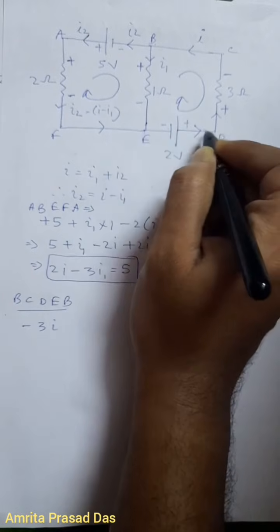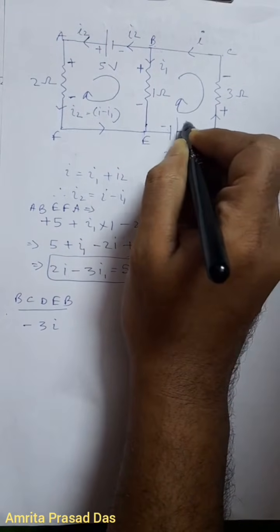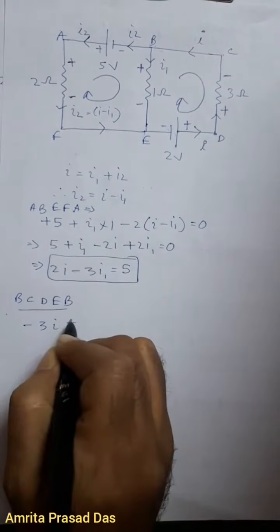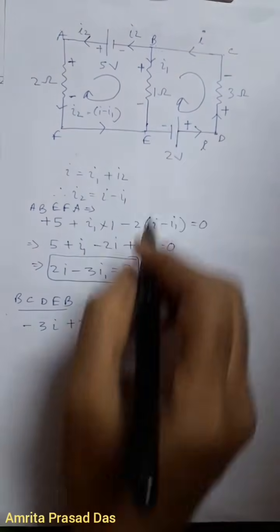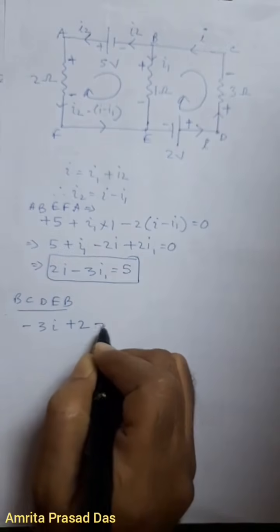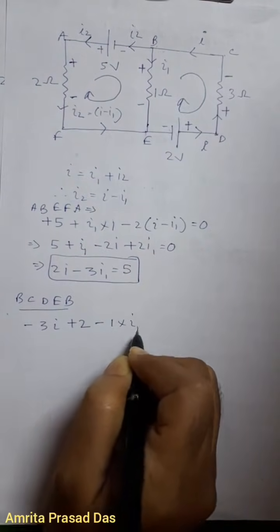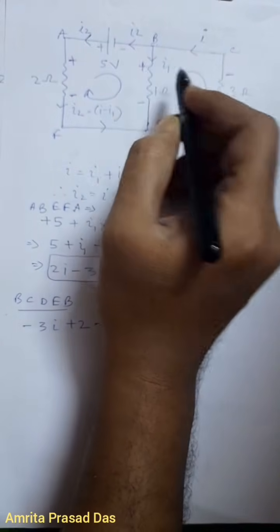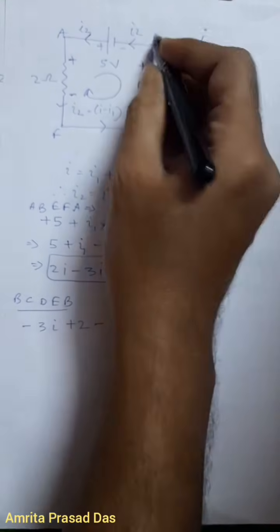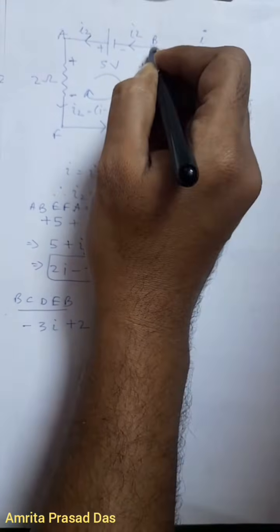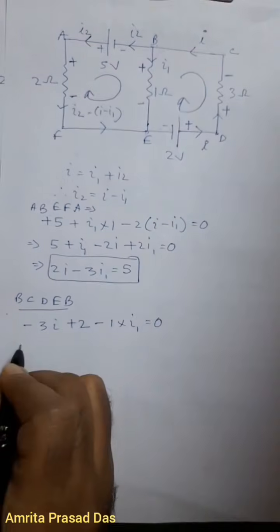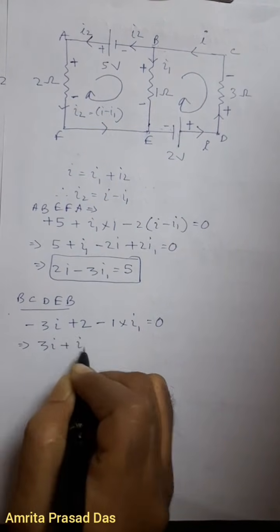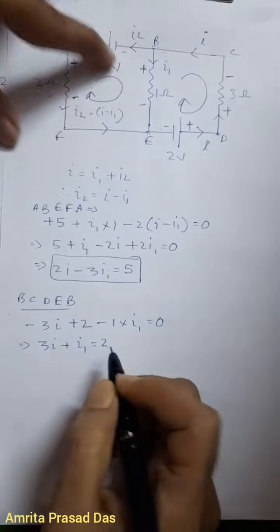With respect to E, D is at high potential, because the positive of the cell is connected to D. Therefore we get potential difference plus 2, VD minus VE plus 2. Now minus 1 into I1 is equal to 0, because you are moving from negative to positive end of the resistance, that is from E to B. E is at low potential, B is at high potential, therefore VE minus VB must be negative, or 3I plus I1 is equal to 2.